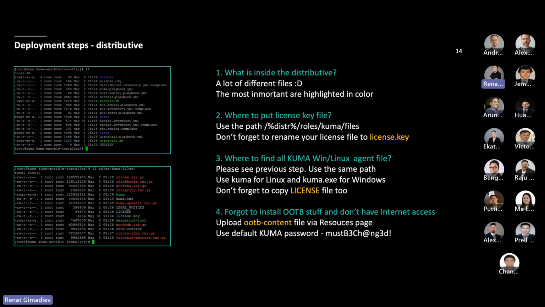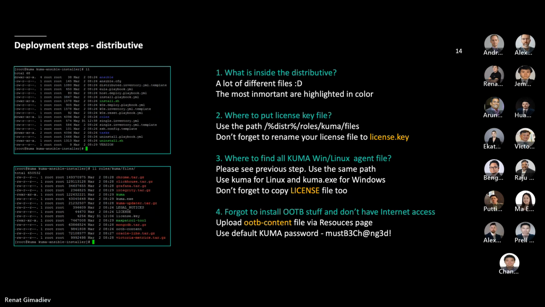These are the files you may use for your agent installation. Copy them from this folder and move them to Windows or Linux machines. Don't forget to copy the license file too, because it's mandatory to copy and use these two files. If you miss something, the installation will show you an error.